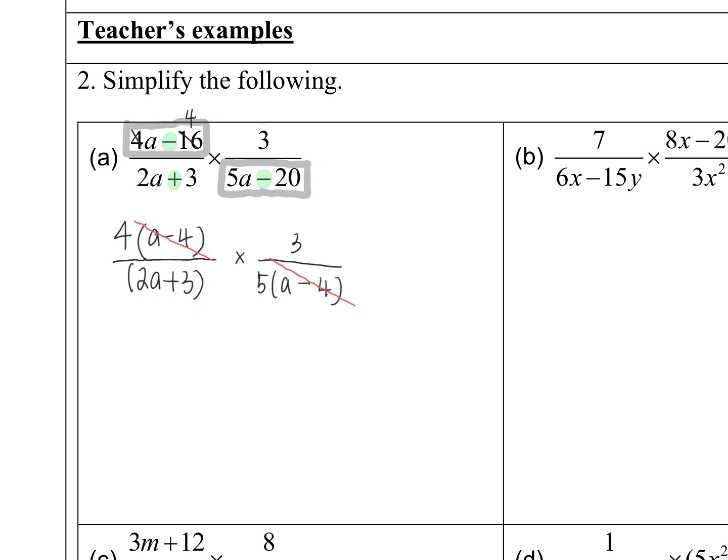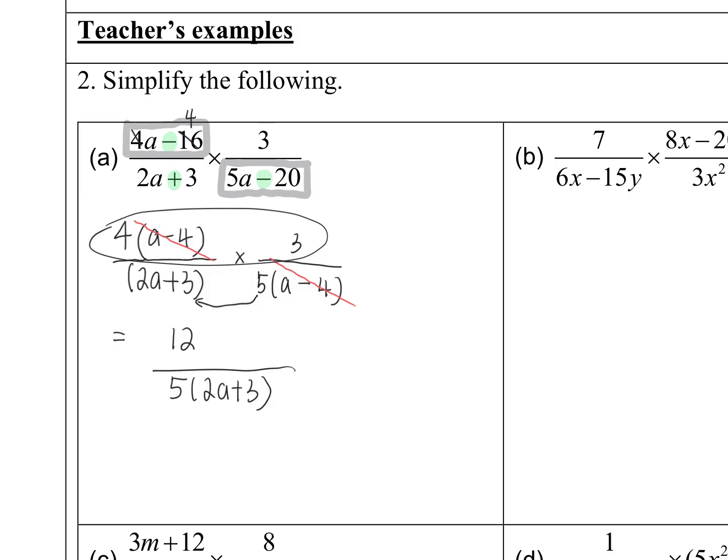It's one for all, all for one. I cannot take away the partner like that. So nothing to cancel already. The numerator is 12, the denominator is just 5 times this. That's all. Done. If you want to expand, you can, but make sure it's correct. If not, this is good enough as the final answer.